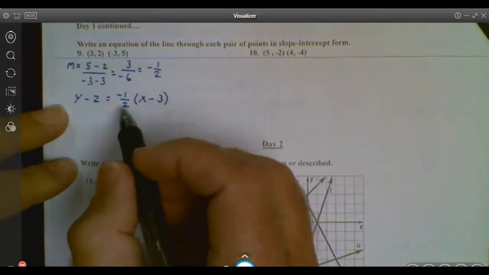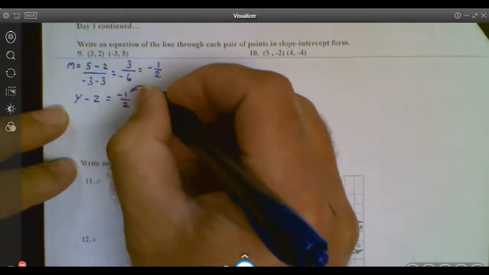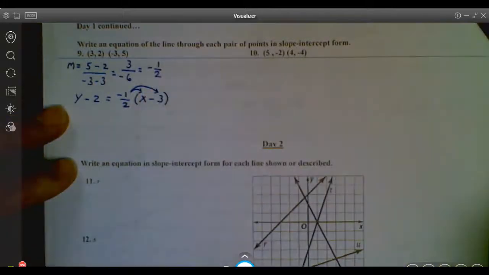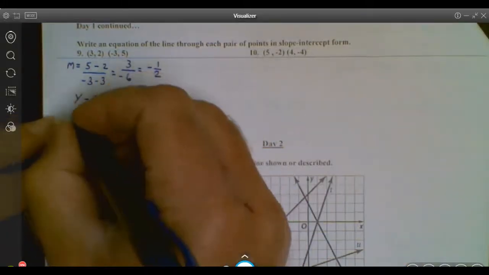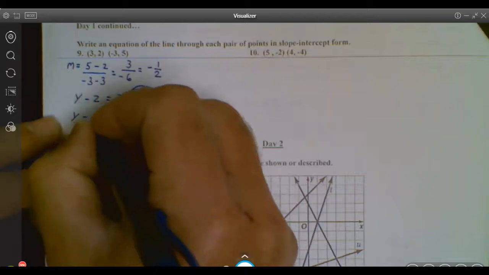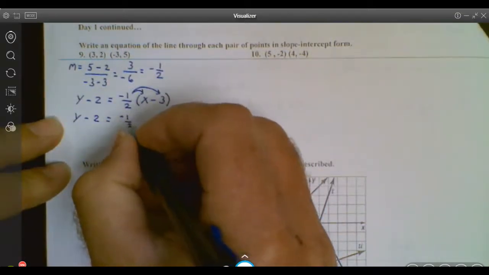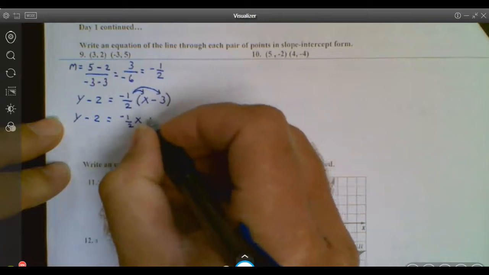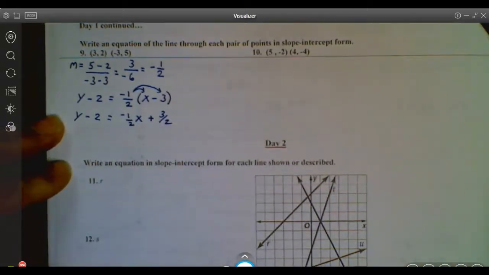So first things first, we need to distribute. It's always a two-step process to move on from here. It's a distribution, and then we have to move this to the other side. So if I distribute, I'm going to get negative 1/2 x plus 3 over 2, and that puts me right here.